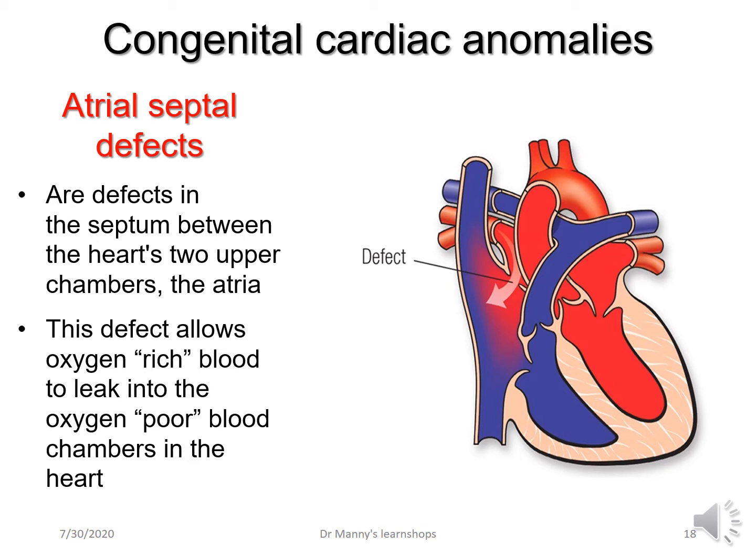Now, atrial septal defects, as I said, are defects in the septum between the heart's two upper chambers called the atria. And this defect allows oxygen-rich blood to leak or flow back into the oxygen-poor blood chambers of the heart, which means a left to right shunt. It's going from the left side to the right side.